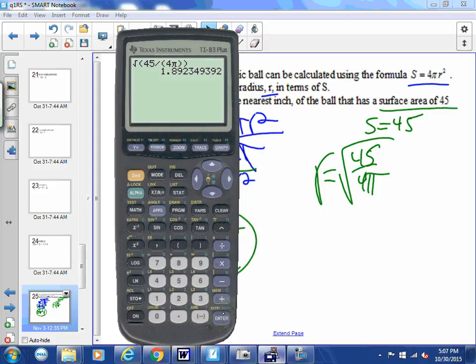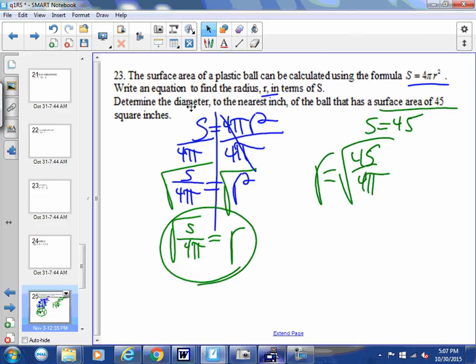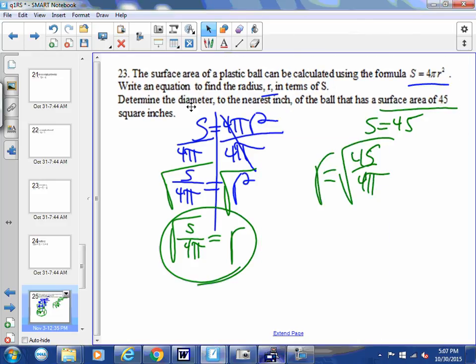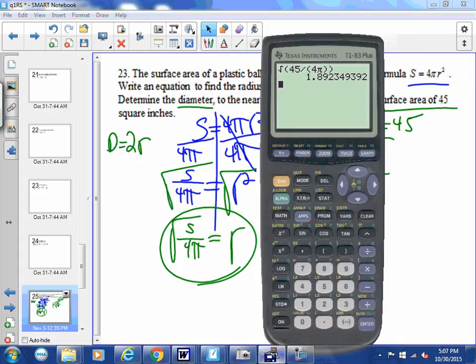Looks good. I get that answer right there. That's the radius, though. The question asked me for the diameter. See? Diameter. The diameter is 2 times the radius.